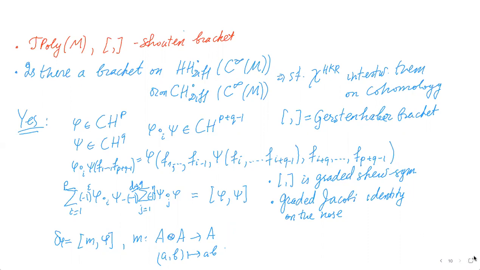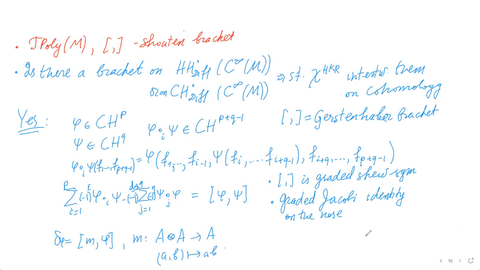And which is even more surprising, it is now evident that delta actually verifies the Leibniz rule with respect to this Gerstenhaber bracket. So there's no surprise that you can actually induce a bracket on the cohomology.